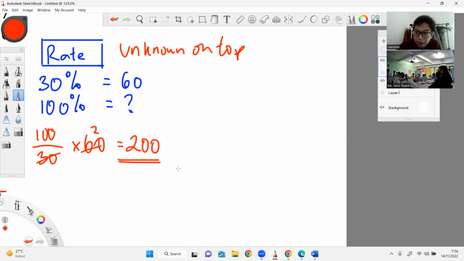But I have another way with the same rate. Just look here, 30 to 60 is times 2, so 100 also times 2, you get 200 also. We have so many ways to solve this. Which one you want to use is up to you. If you want to insist on putting the unknown on top, no problem. That's for question B.